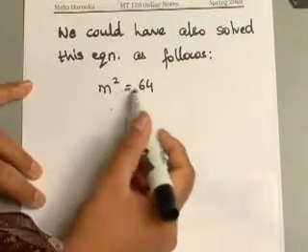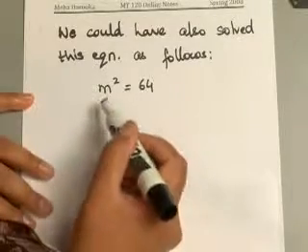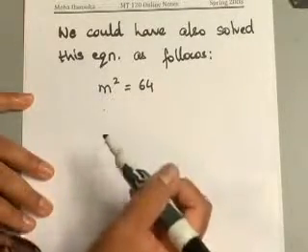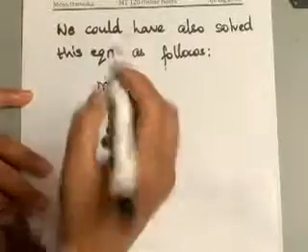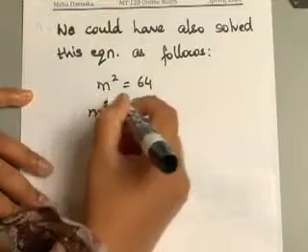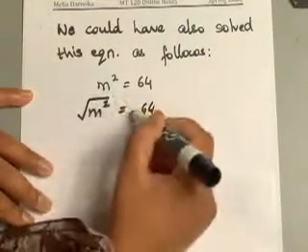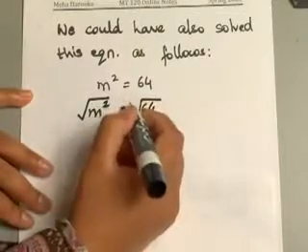We're saying m squared should be 64. So you can try and see what values squared will give us the number 64. So we can start by taking the square root on both sides.